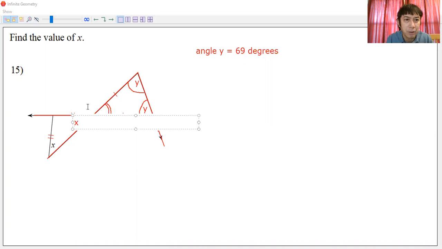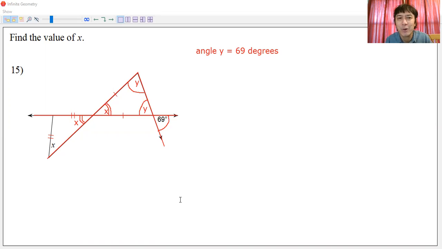Because of these marks in the other figure, these are two equal segments, so we conclude this x is also this x, because this is another isosceles triangle with two sides equal. And so the x here and the x here are equal. And if you have a vertical angle here, this is also x.